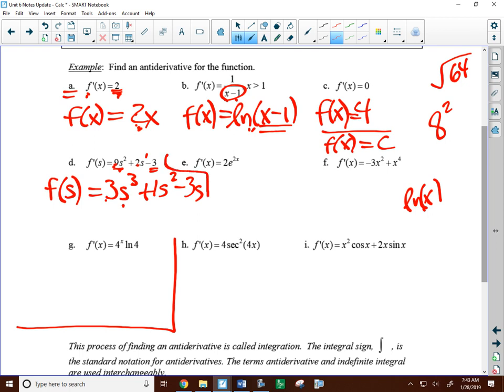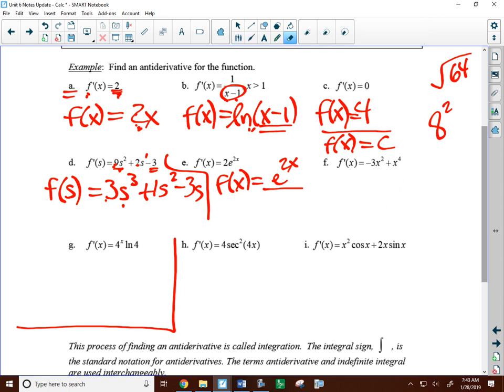What about E? When you think of the function, when you do the derivative, it's 2e to the 2x. I got e to 2x. Yes, e to 2x, because if you remember from Unit 4, some of these take us back, no power rule, no product rule, just some of the Unit 4 ones. The derivative of e to the x is e to the x.